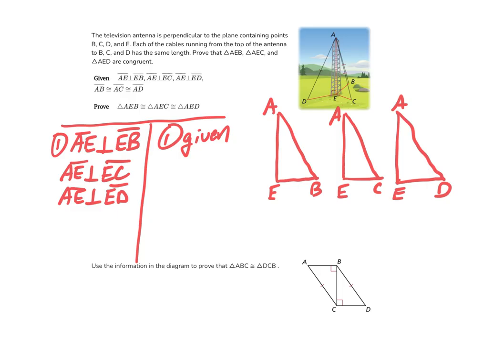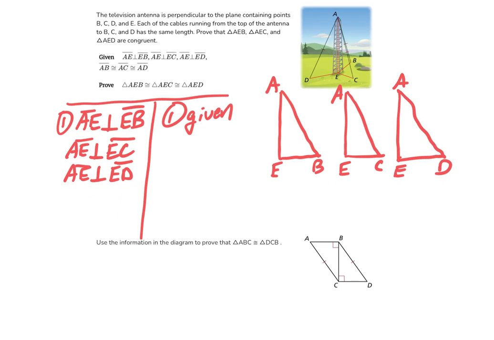Okay, I'm putting all of this in one statement here. This is a lot of information for one statement. If you want to make two separate statements, you can, but I think it's easiest just to put it all in one. Okay, now we want to mark this. AB, AC, and AD are all congruent. So I go ahead and mark those three sides.